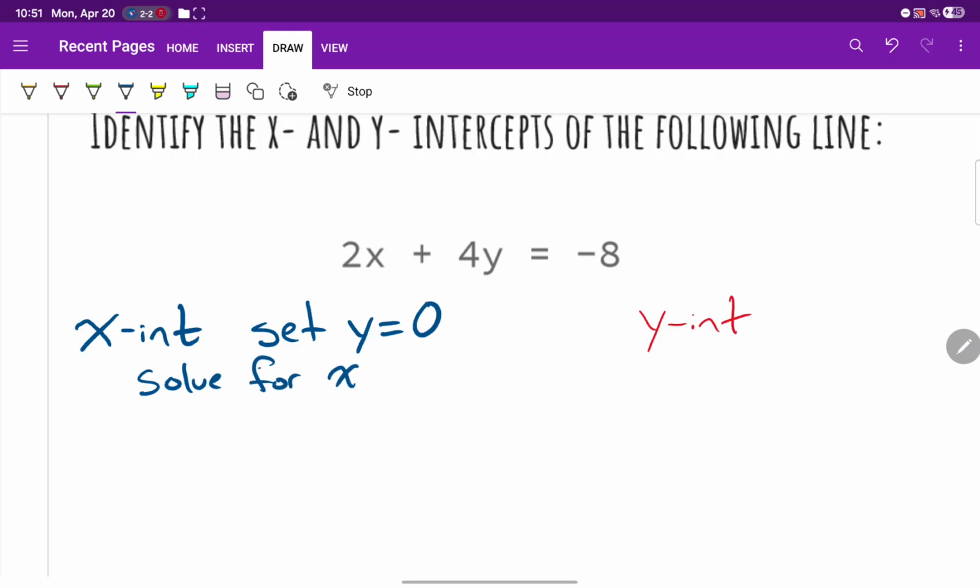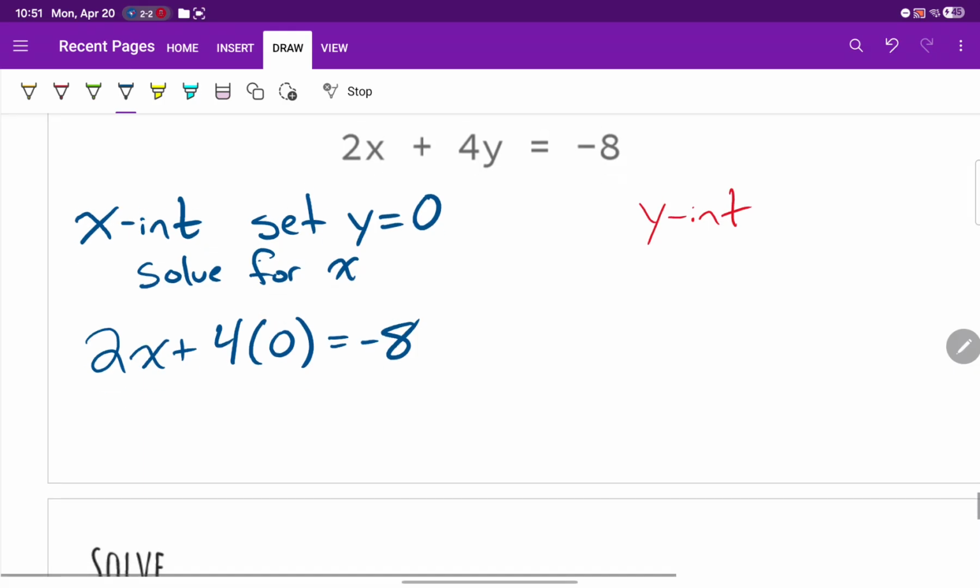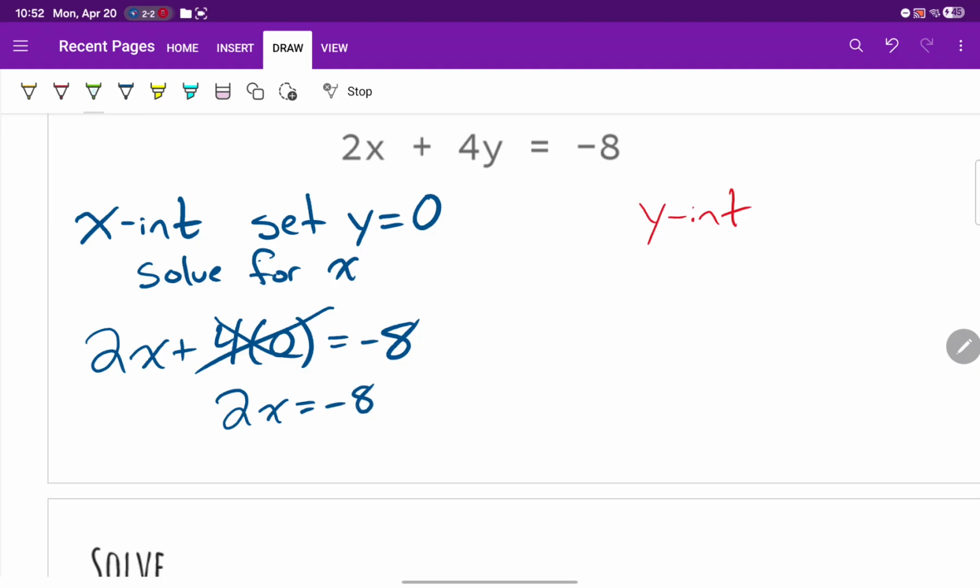I get 2x plus 4 times 0 equals -8. Well, that's just 0. I get 2x equals -8. And if I'm solving for x, I'm going to divide both sides by 2. And I get x equal to -4. That's your x-intercept. Okay?